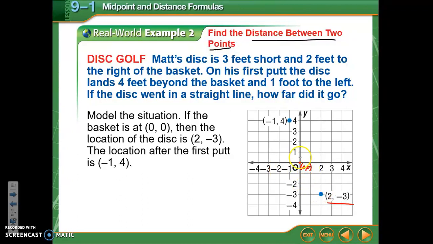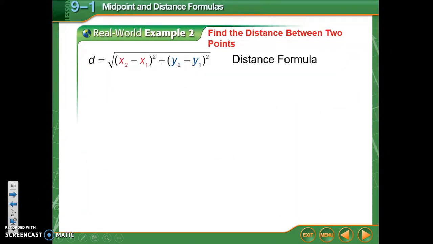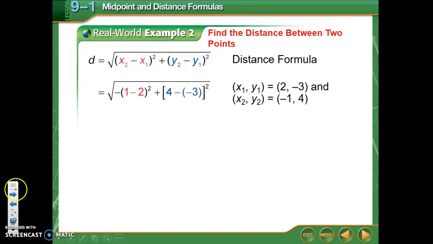After he does his first shot, or his first putt, it ends up 4 feet beyond the basket and 1 foot to the left. So we're asking if it traveled in a straight line from where it started to where it ended up, how far did it go? So we want to find the distance between the point (2, -3) and the point (-1, 4).